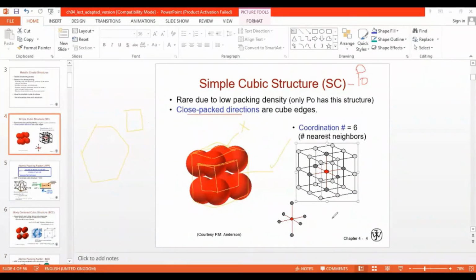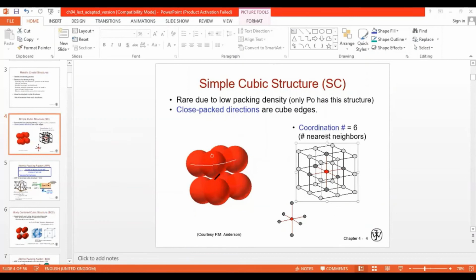Coordination number 6. So this coordination number means any one of these atoms, it need not be this atom or that atom, forms contact with how many other atoms. So if I take this atom, this is in contact with this atom, these are in touch.